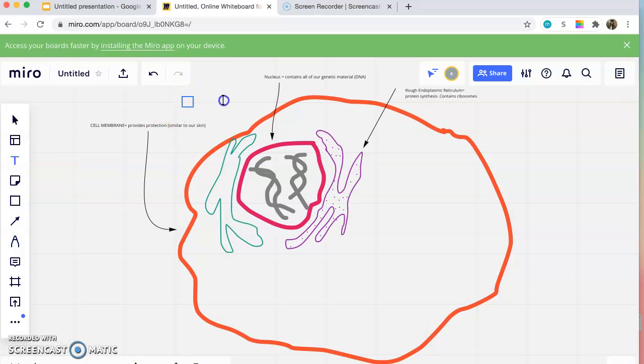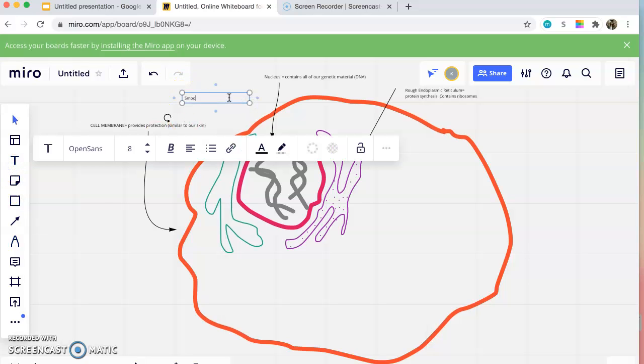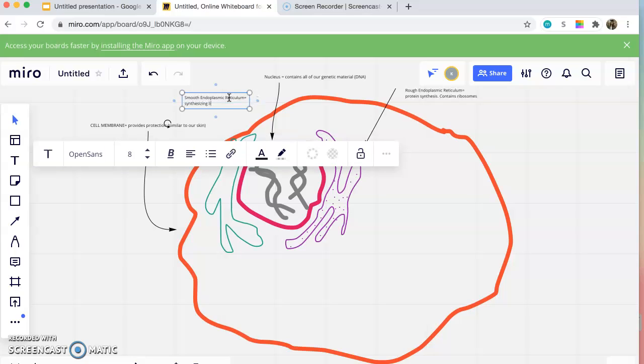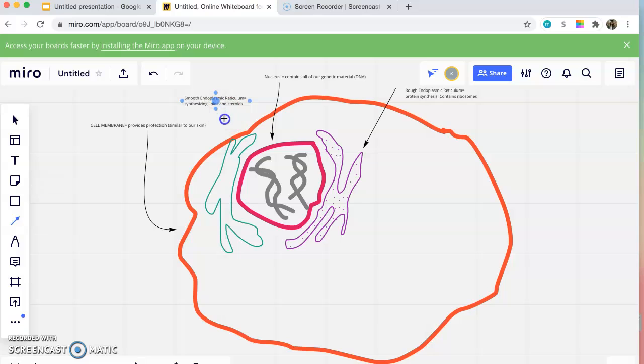So like I said, that is going to be our smooth endoplasmic reticulum. And that's actually responsible for synthesizing lipids and steroids. Basically the smooth endoplasmic reticulum is responsible for the production of lipids and steroids.